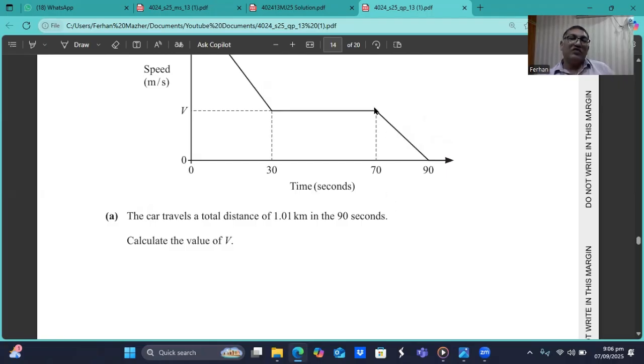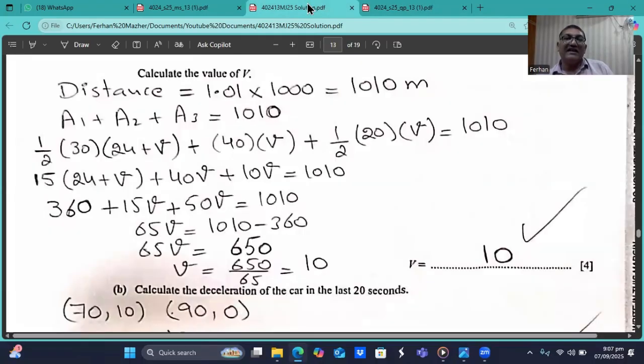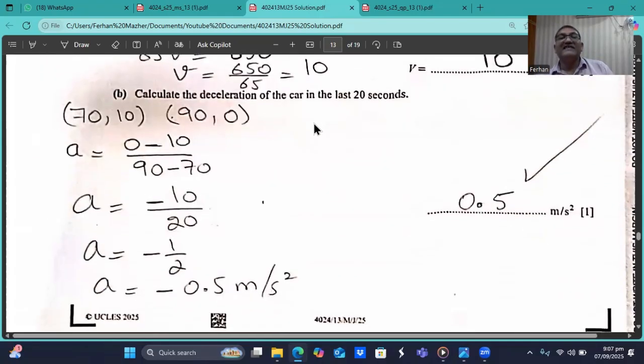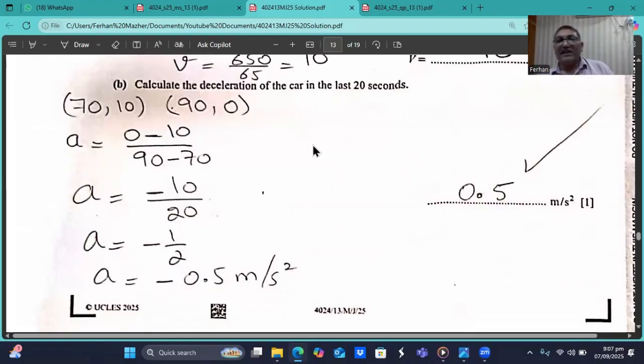So I will note down the coordinates for this point, which is 70, 10, because the V value is 10, and this point, which is 90, 0. I will find the gradient of this speed time graph in the last 20 seconds, and that is equal to the deceleration. So I have taken 2 points on the speed time graph for the last 20 seconds.